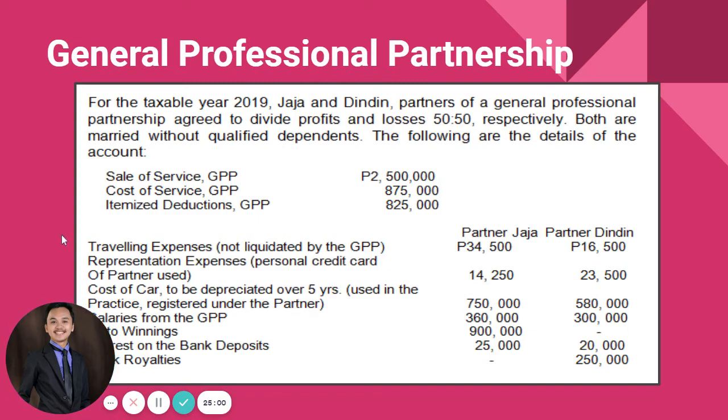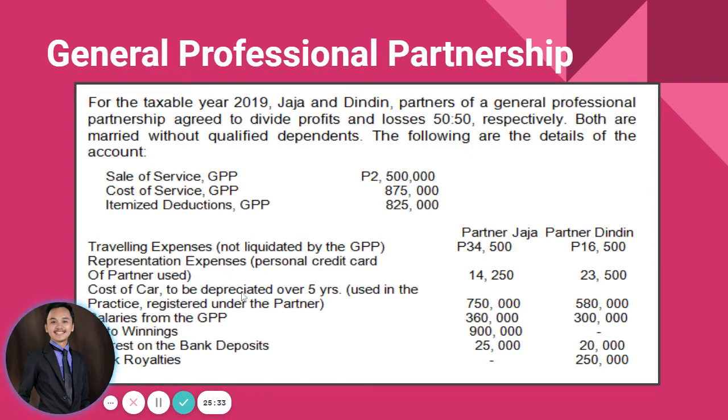So all of these unliquidated expenses of the partnership, which are incurred by partners, can be claimed as a deduction on their income tax return. But again, we have a rule. When the partnership uses optional standard deduction, these unliquidated expenses cannot be claimed as deduction by the partner. It's only when the partnership uses itemized deduction.